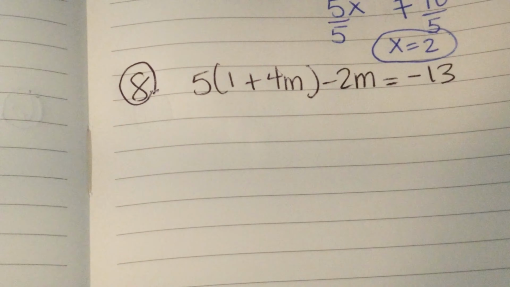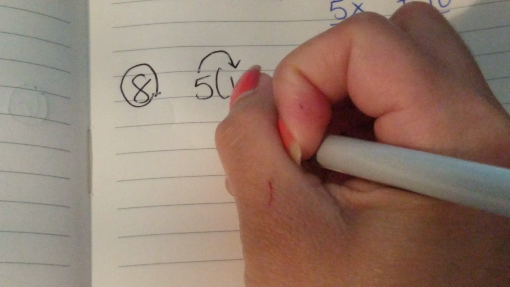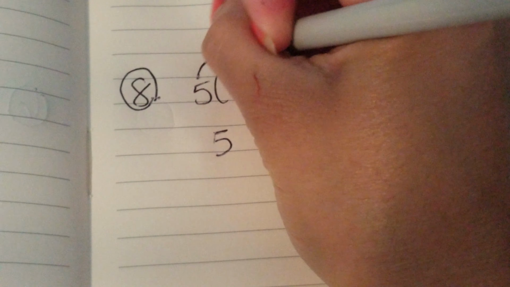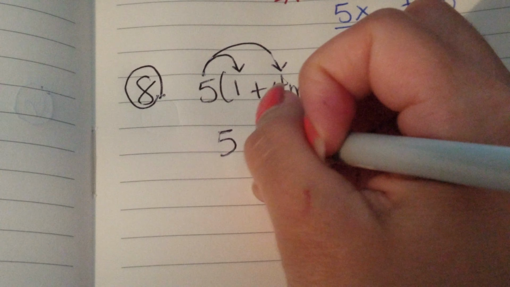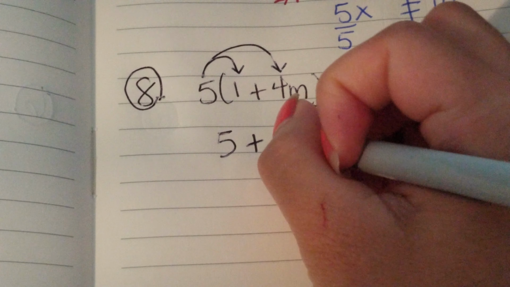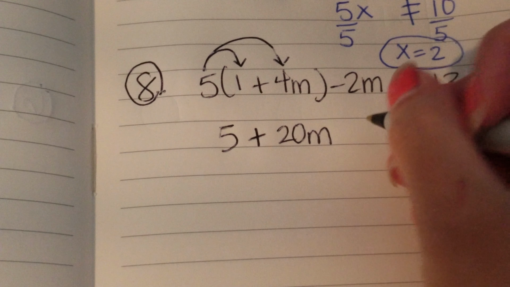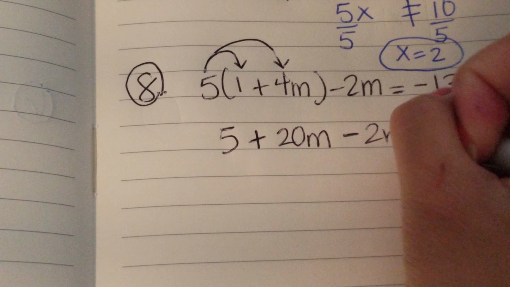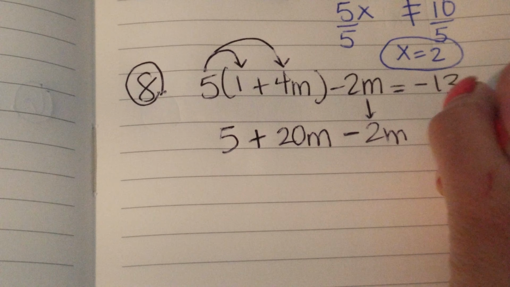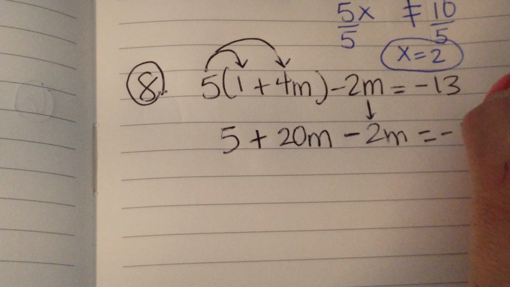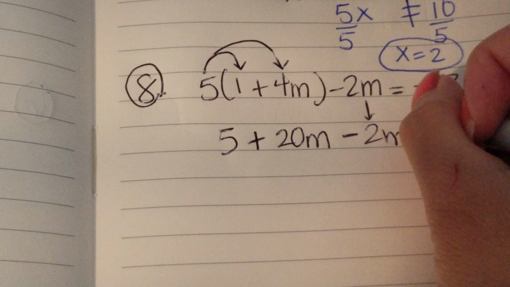For number 8, I have to distribute this 5 again. So 5 times 1 is 5. 5 times 4m is 20m, right? Minus 2m, bring this down, equals negative 13.